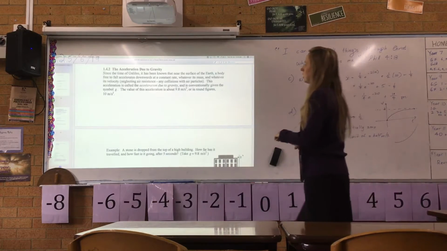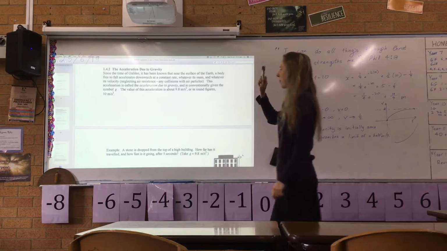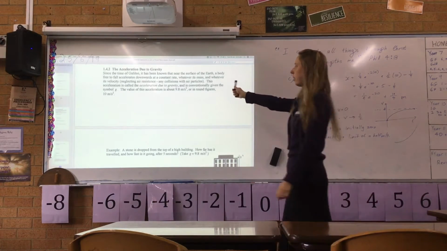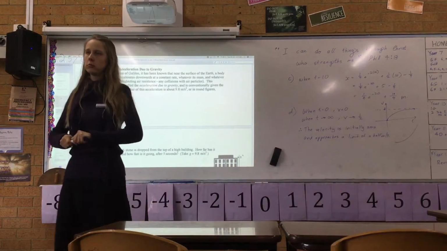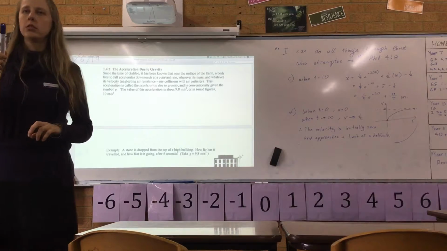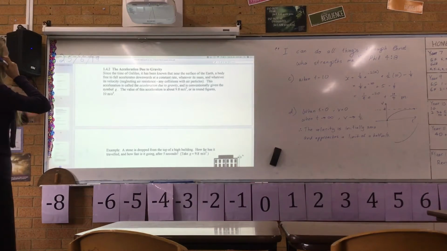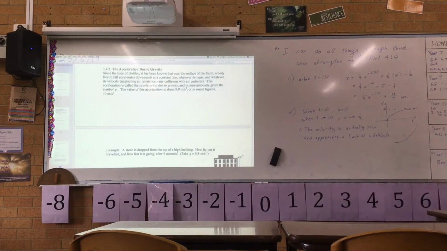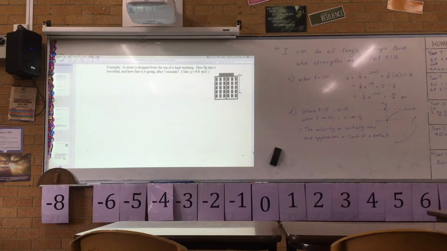The acceleration is called acceleration due to gravity, normally given by the symbol g, and it is about 9.8 meters per second squared. Is that the figure that you use in physics? Great. Or in round figures, we can say it's about 10 meters per second squared. So let's do one example.